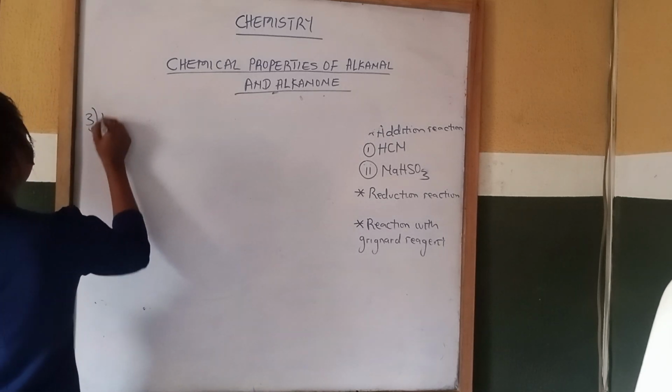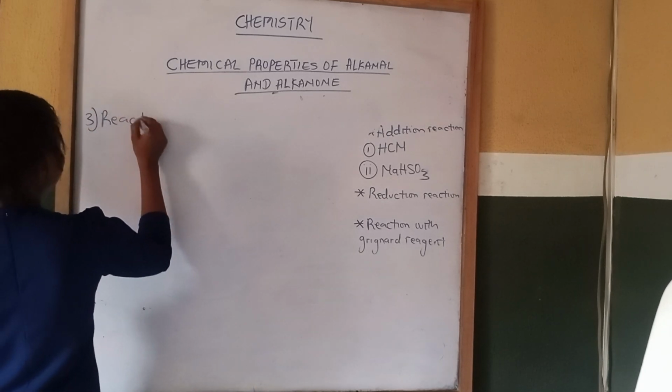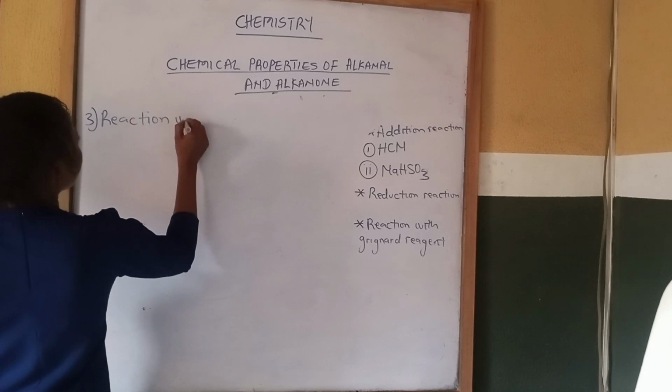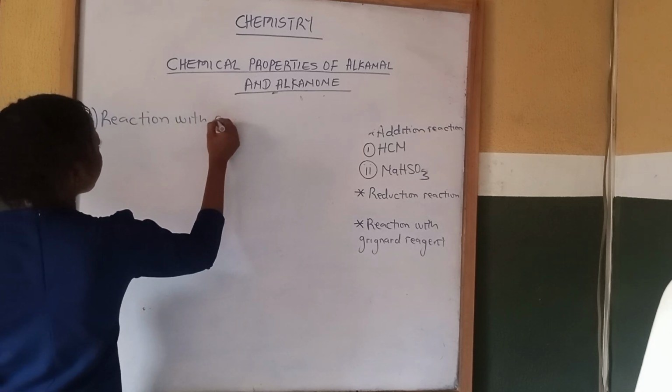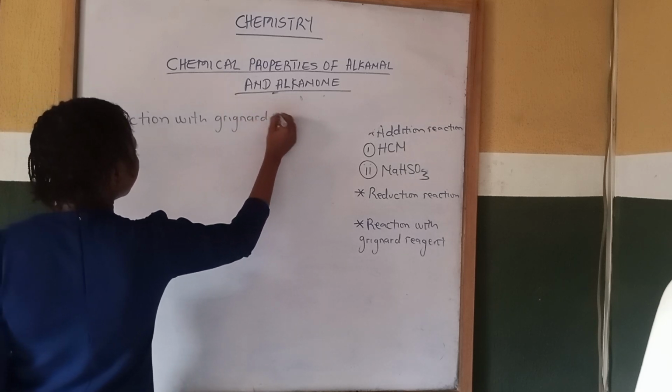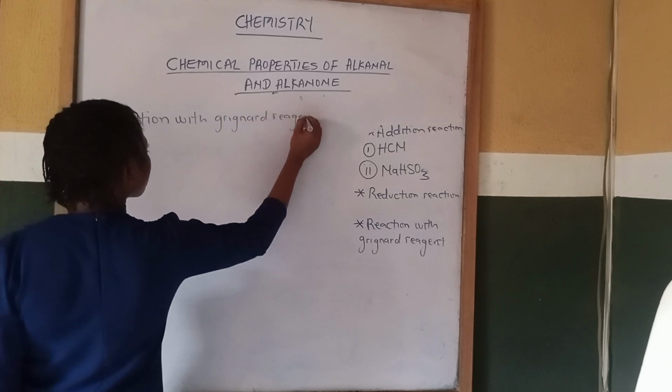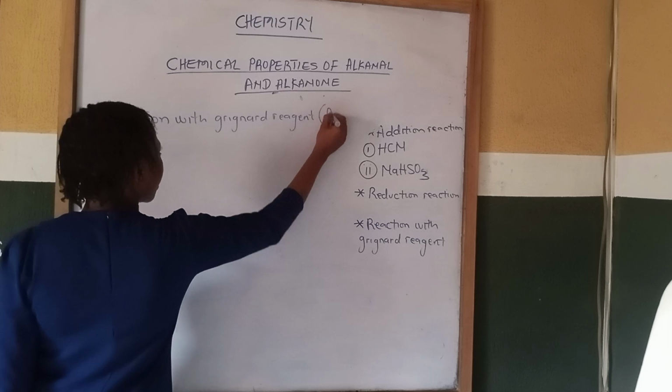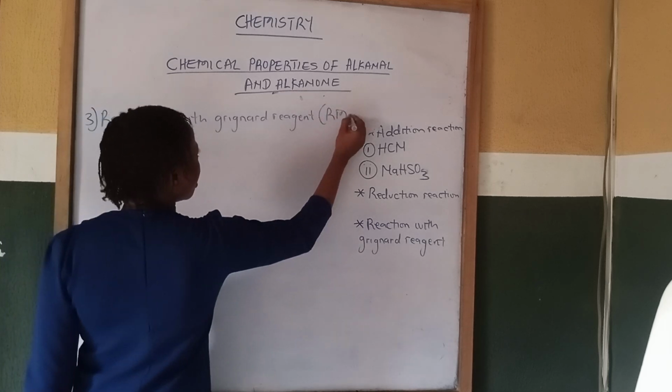Number 3. Reaction with Grignard reagent. So which is RMgX.